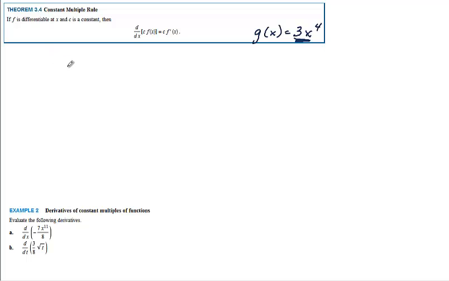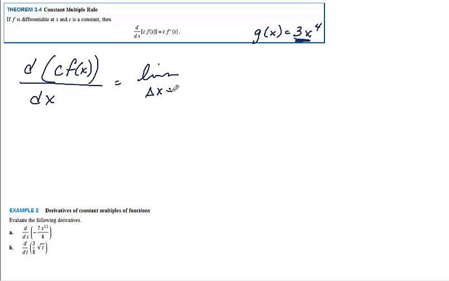Alright, so let's say I want to know what the derivative of c times some f of x is. So I want to know what the derivative of that with respect to x is. I'm going to use the limit definition. I'll say the limit as delta x goes to 0 of f of x plus delta x minus f of x all over delta x.